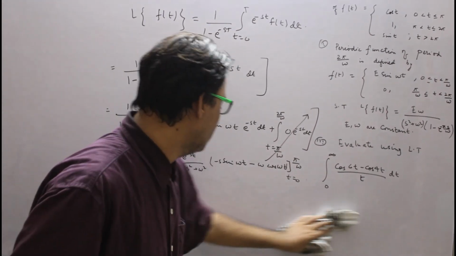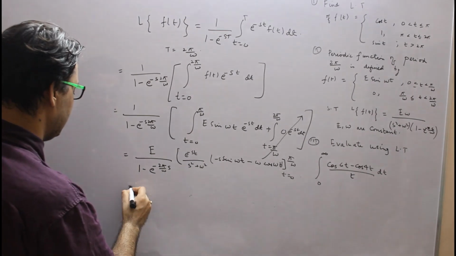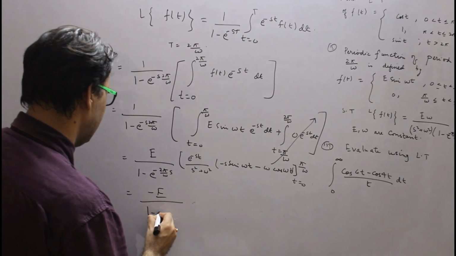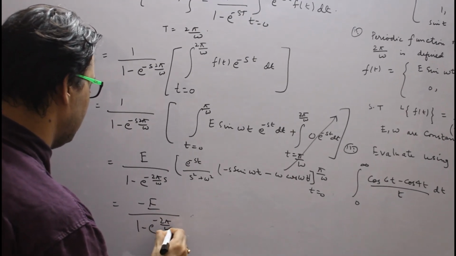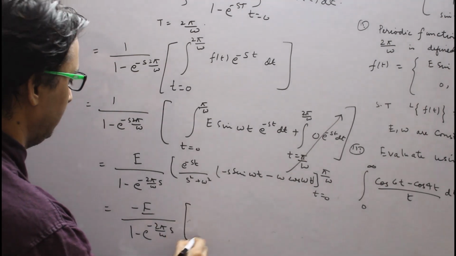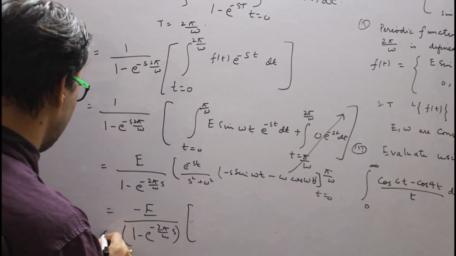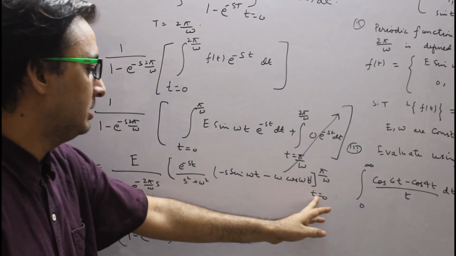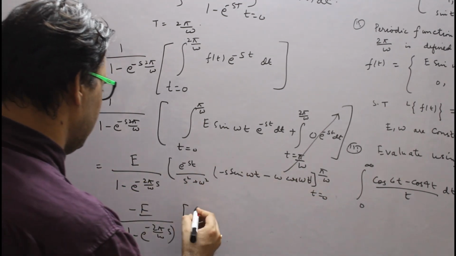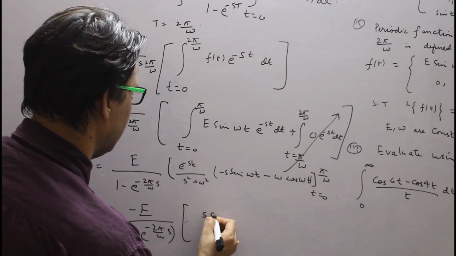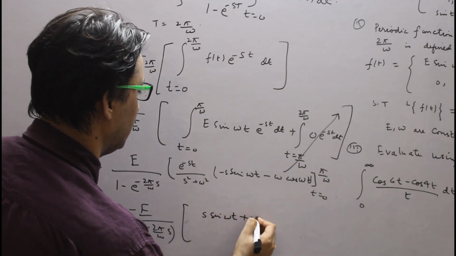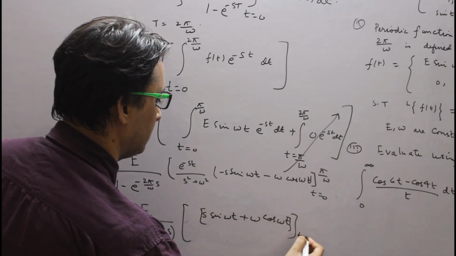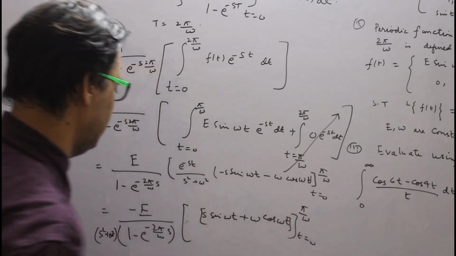Let me erase this formula. So what it becomes, we can take this minus sign outside, so it becomes minus e, 1 minus e to the power minus 2 pi omega s. We can take s square plus omega square also outside. Why? Because we have to deal with only t components. So we can write it as s sin omega t plus omega cos omega t, t is equal to 0 to pi by omega.